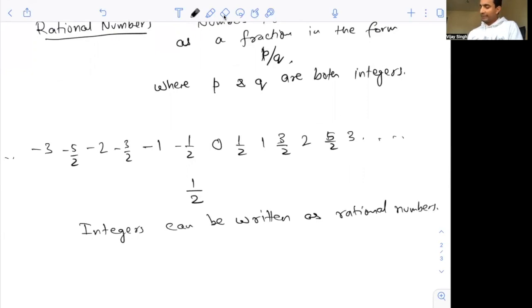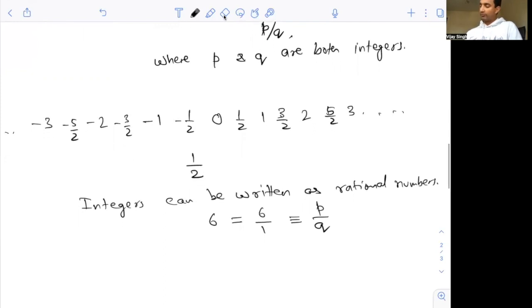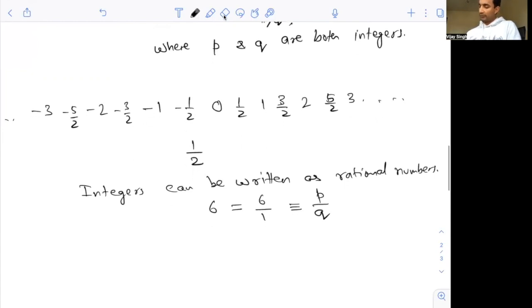This is because you take any integer, for example, 6, you can always write 6 as 6 divided by 1. So this is a form P over Q, right? So any integer can be written in the form P over Q. So all integers are a part of rational numbers. They are a subset of the set of rational numbers. So these numbers, which can be written in the form P by Q, are called rational numbers.